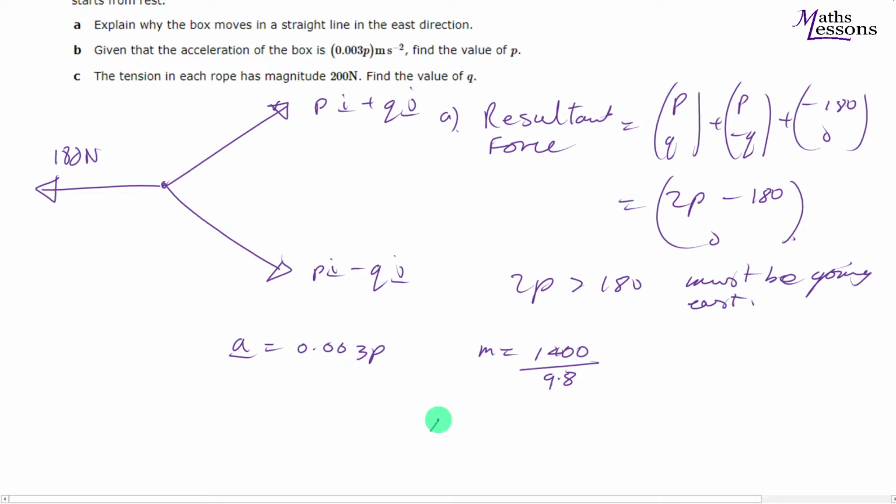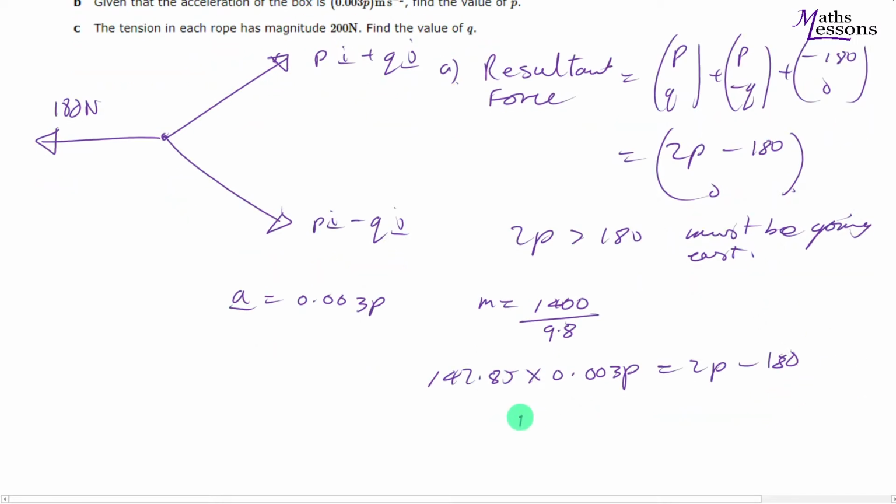The mass is 142.85, times 0.003p, and that will be equal to 2p minus 180. When we simplify that, we get 1.57 and the rest, p equals 180. Make sure you keep the whole number on your calculator. So p, when you divide by that, comes out to be about 114.5.